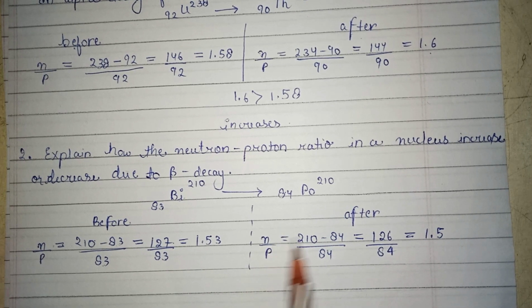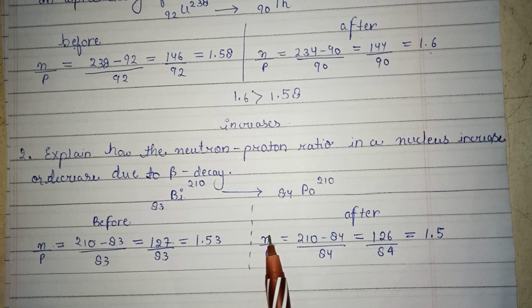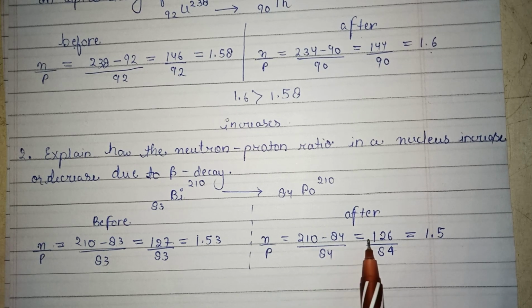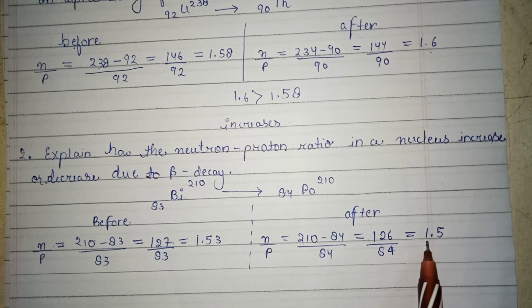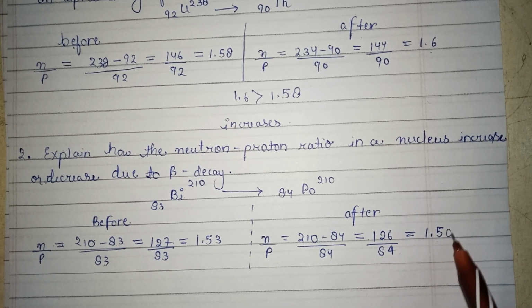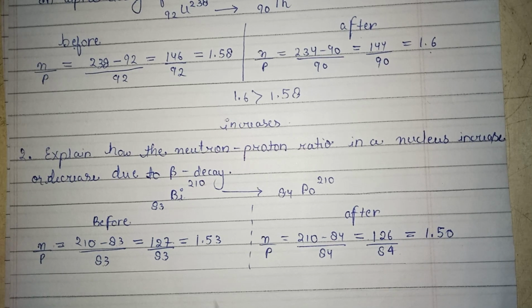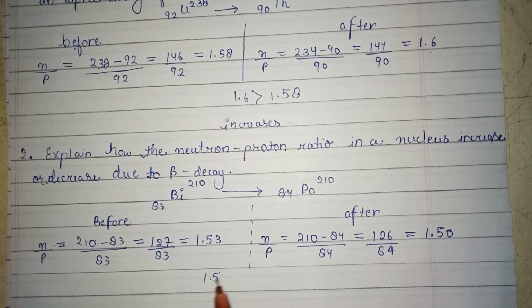Following the same thing after a beta decay, the neutron to proton ratio becomes 210 minus 84 upon 84, so it will come to 126 upon 84. On dividing it we get 1.50. So we can clearly see that 1.53 is greater than 1.50. So the neutron to proton ratio was greater before. So the neutron to proton ratio decreases after a beta decay.